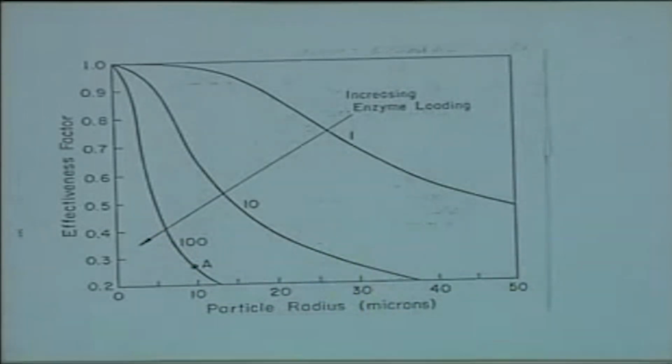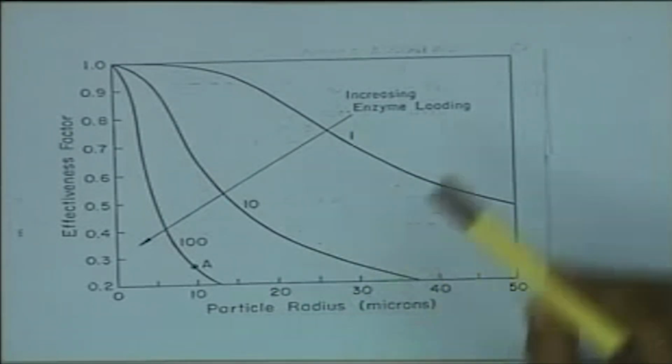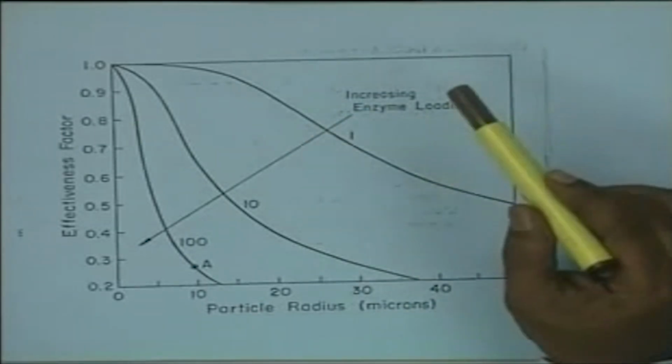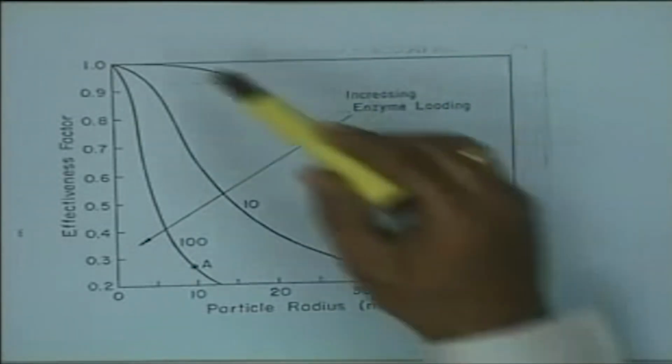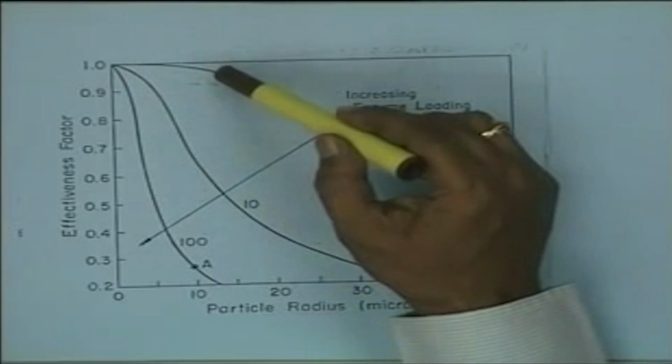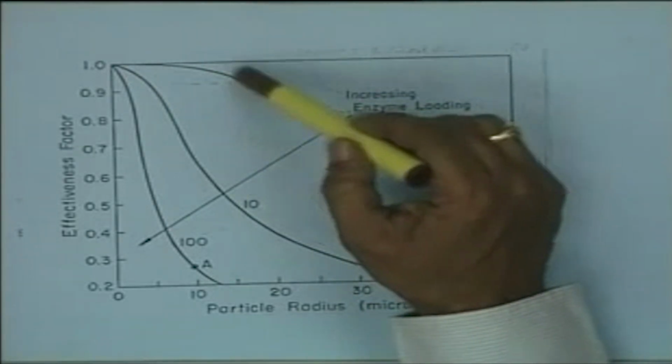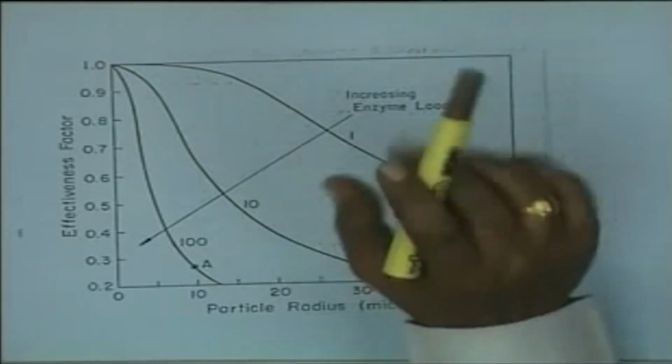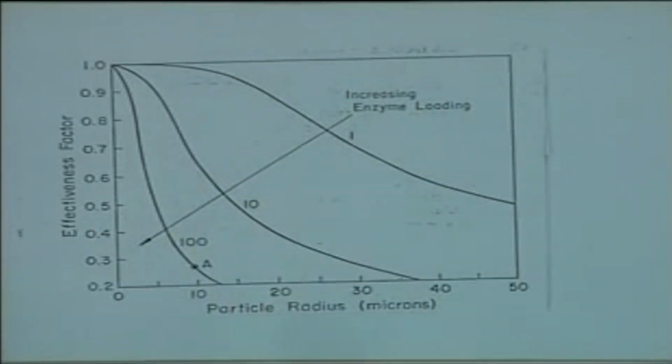That means the enzyme reactor system becomes more and more controlled by diffusional limitations, and when the enzyme loading is less, the diffusional limitations are less. As a matter of fact, up to quite a large particle size it can be considered almost free of diffusional limitations.